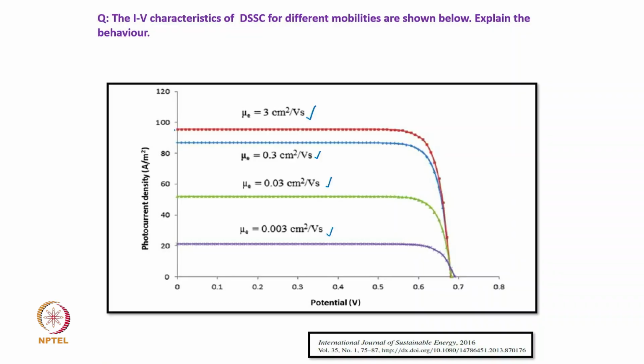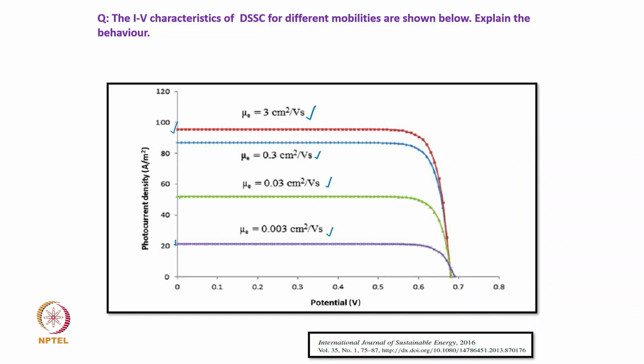If you look at the y axis, you see that the short circuit current density, which is very high here, almost 100 ampere per centimeter square, eventually reduces and becomes almost 20 ampere per meter square. This is a really significant reduction in the current density.